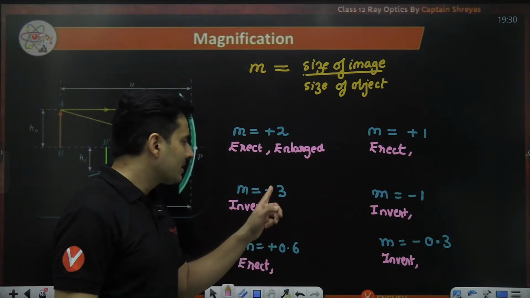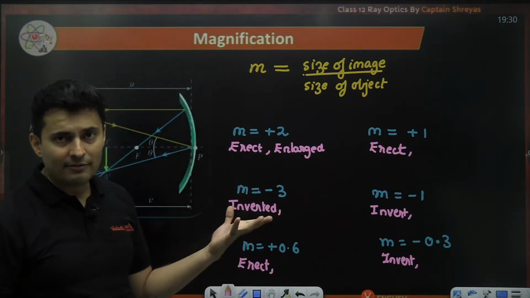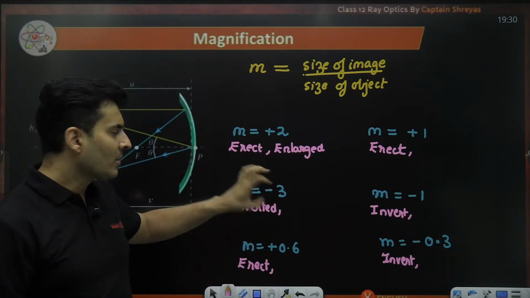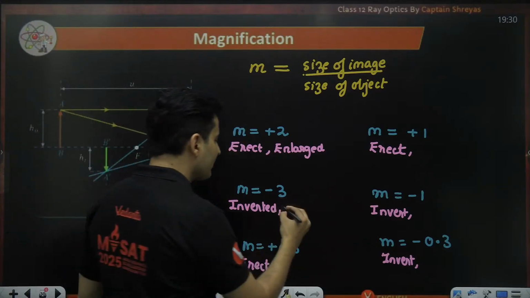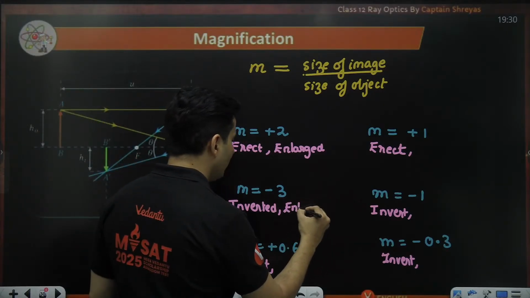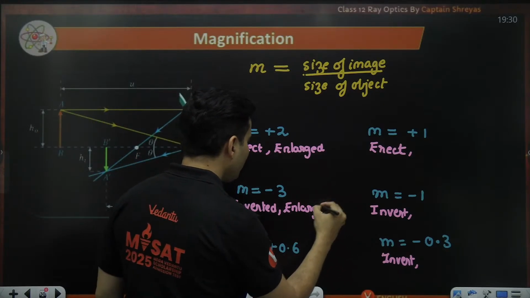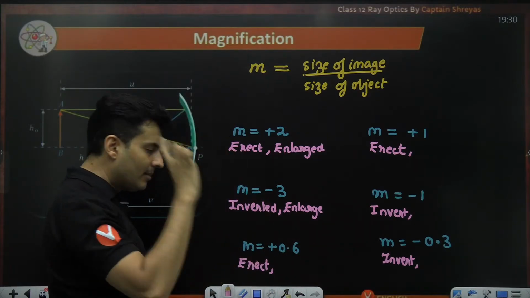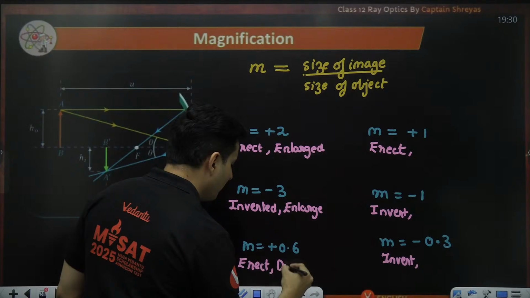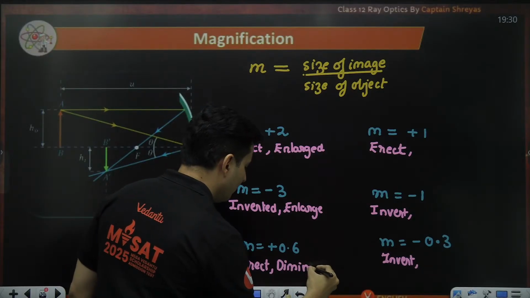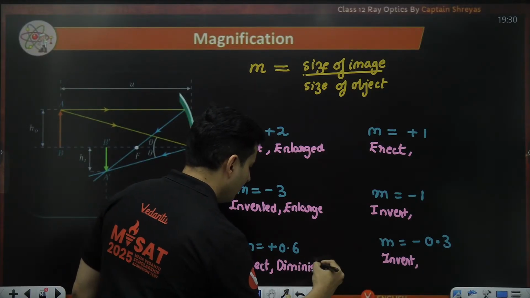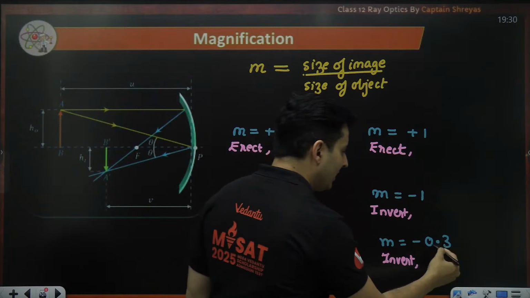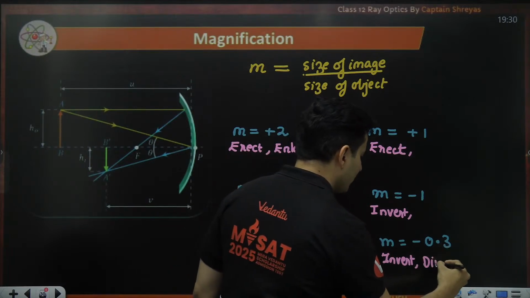Now, if it is having a value which is bigger than 1, like the 3, forget the sign, it is enlarged. So 3 is bigger than 1, so it is obviously going to be enlarged. 0.6 is less than 1, so image is 0.6 times of the object, so it is diminished. 0.3 is also less than 1, so it is diminished.